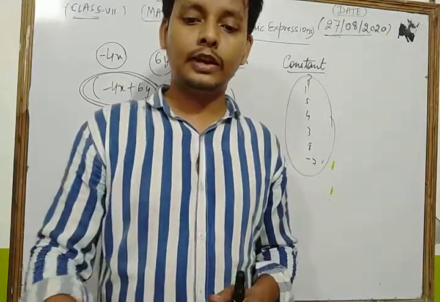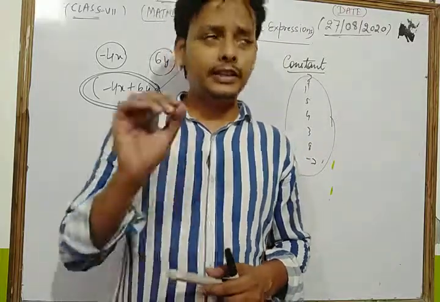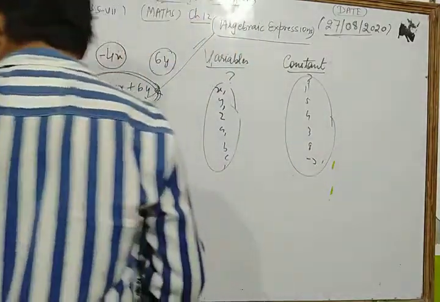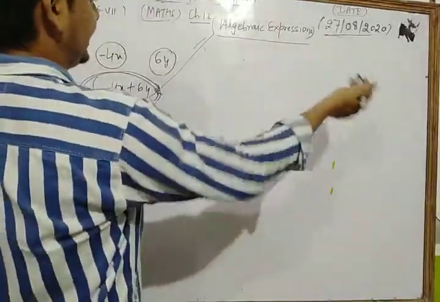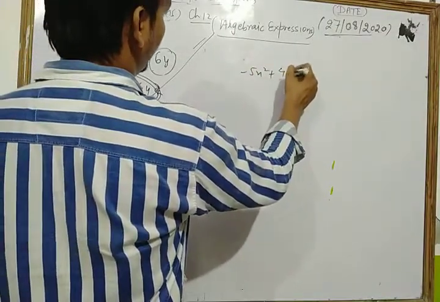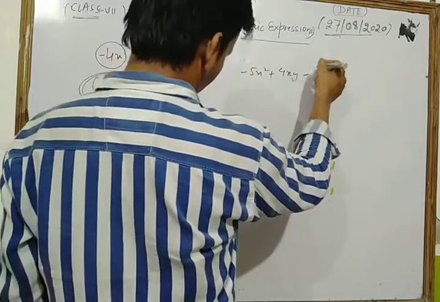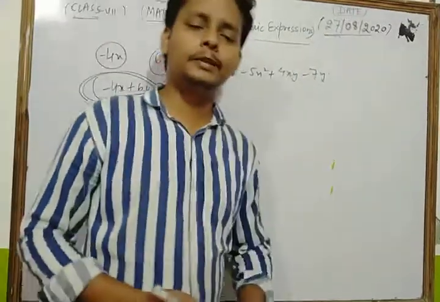Okay, dear students, now we discuss what a coefficient is. Let's see the concept of coefficient in any algebraic expression, like -5x square plus 4xy minus 7y. Suppose this is an algebraic expression.